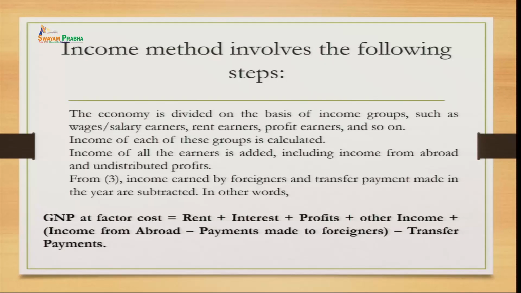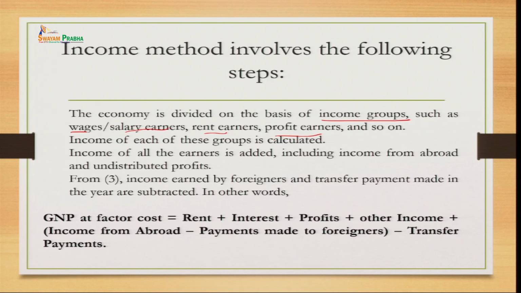In the same way, for the calculation of national income by the income method, we are going to divide the economy on the basis of income groups, like what total income is being earned in the form of wages, salaries, rent, profit, and so on.